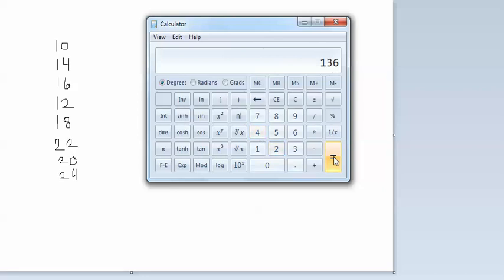The total is 136. If we divide that by 8, we get 17.